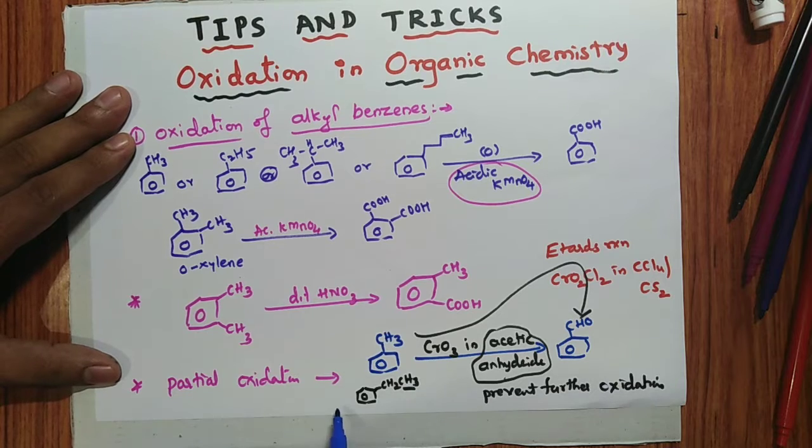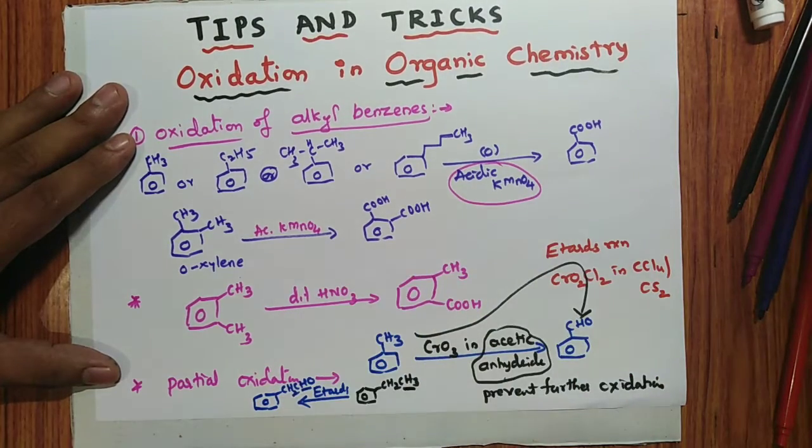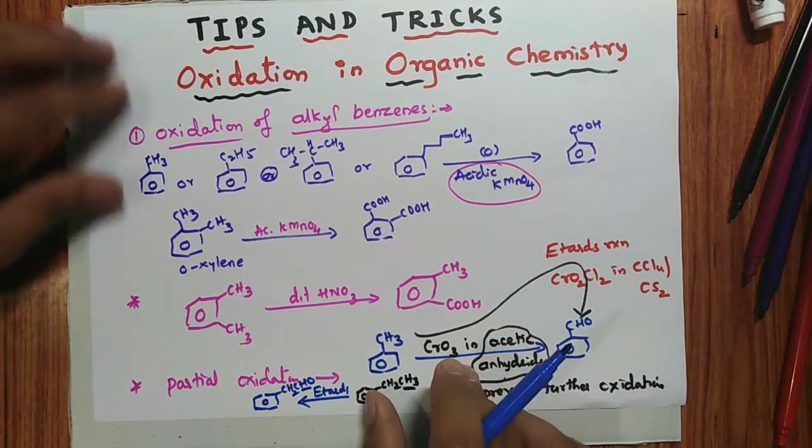So for Etard's reaction, if I consider this, you are going to get the compound as CH2CHO, which means only the last CH3 is converted into CHO. You will never get the complete CH2CH3 converted into CHO. Remember, very important, here we have discussed KMnO4, HNO3, Etard's reaction and CrO3.